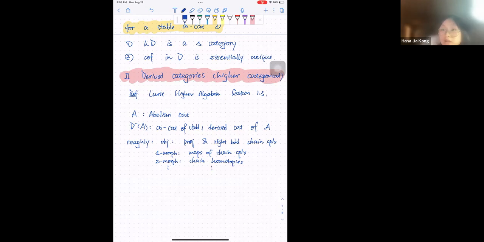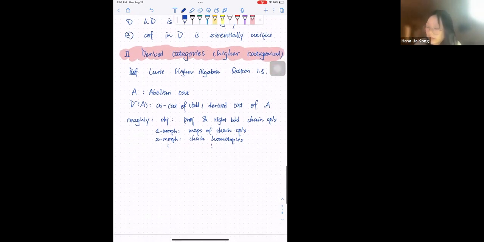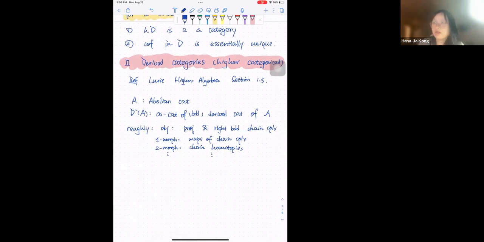Okay, something I want to say here is the cohomological and homological convention. In the classical setting, it's defined using cochains, and in Lurie's setting, it's using chain complexes. So there is some translation between right bounded, left bounded, bounded from above, bounded from below.